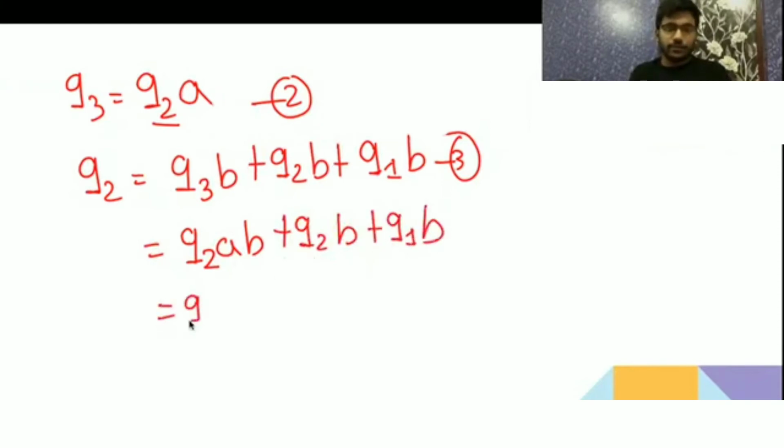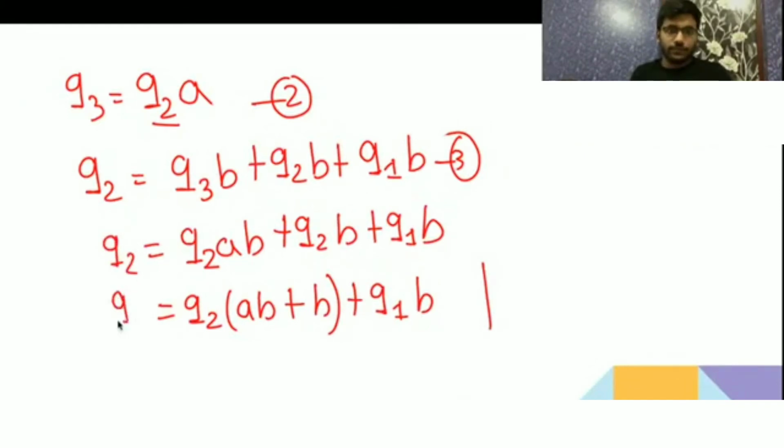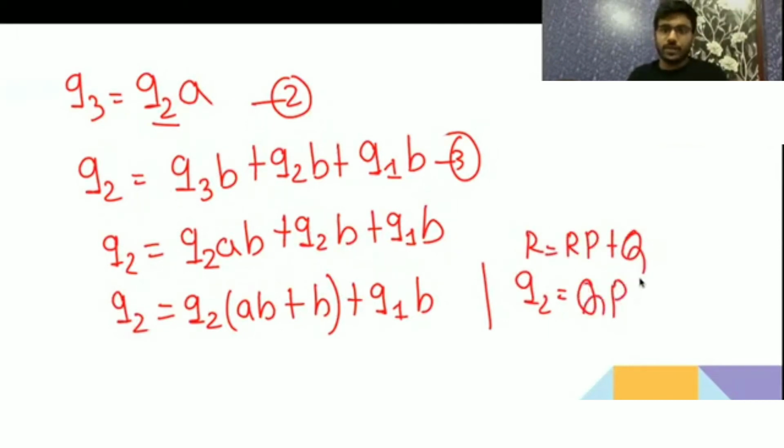Now I can take Q2 as common. Now it is in the form of R equal to RP plus Q, which gives QP star. So what is Q?